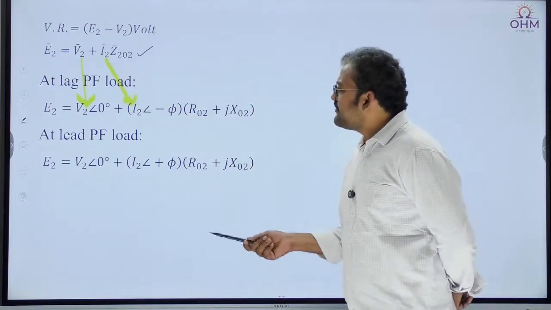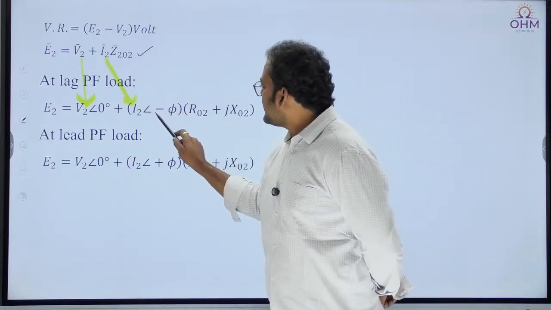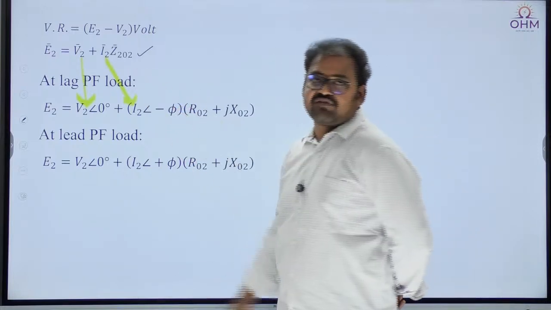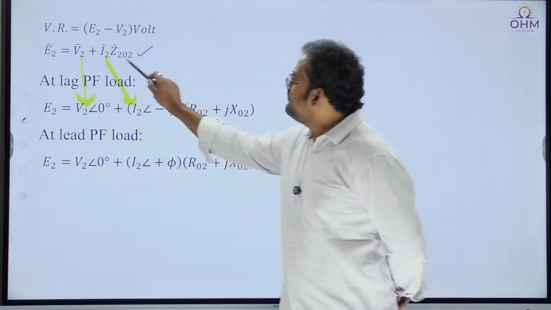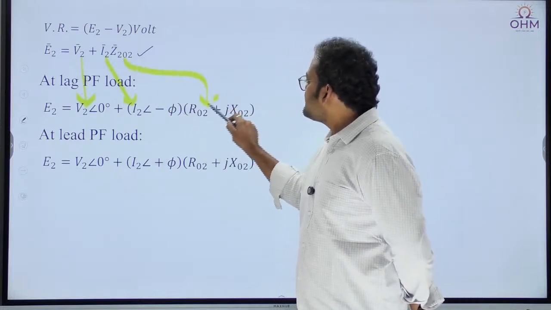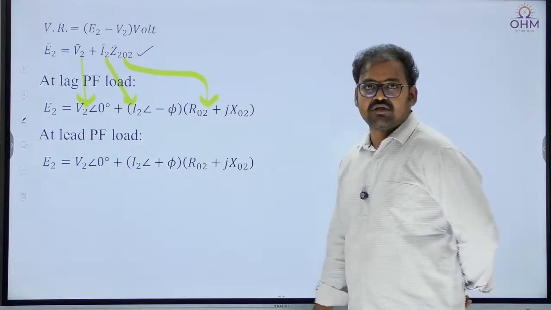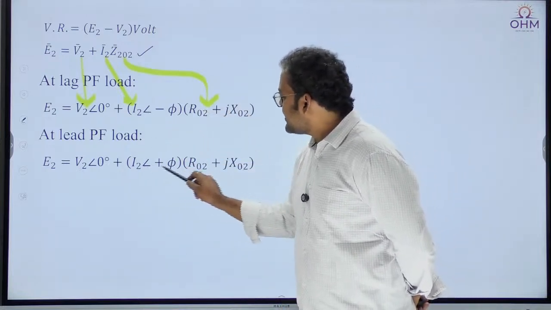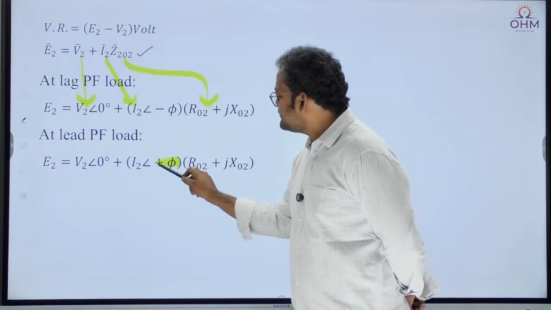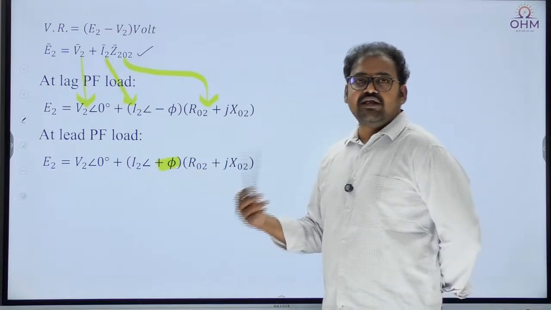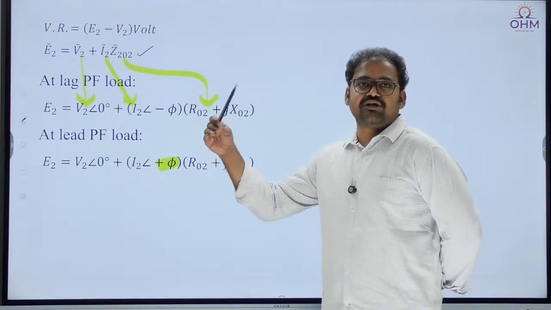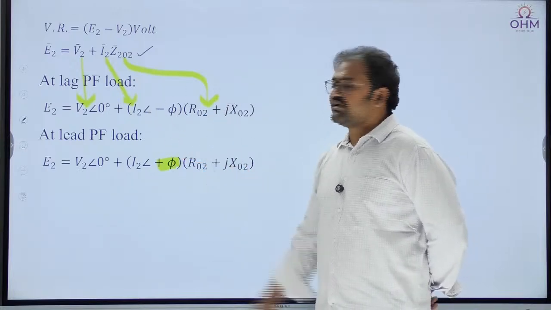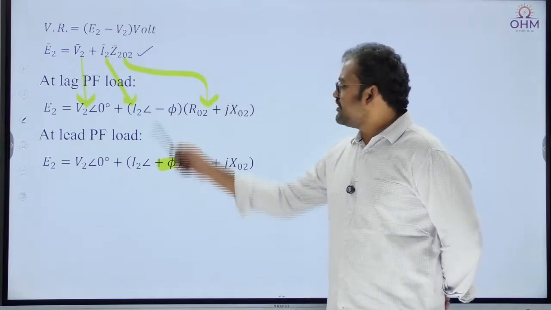If it is lagging power factor, I2 will be at an angle minus phi, where phi is the power factor angle. And impedance is nothing but resistance plus reactance. Suppose it is a leading power factor load, the only change is the current will now be at a positive angle, because we know leading power factor means current leads the voltage, positive angle. Lagging power factor lags the voltage, so negative angle.